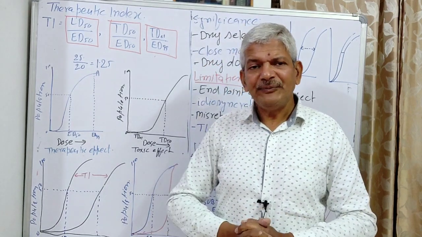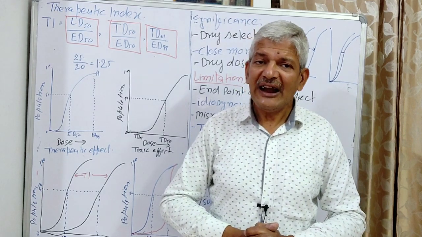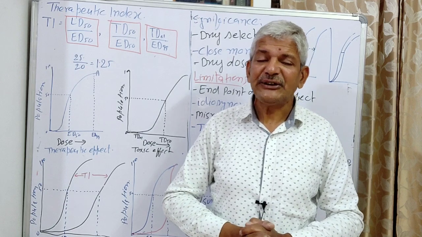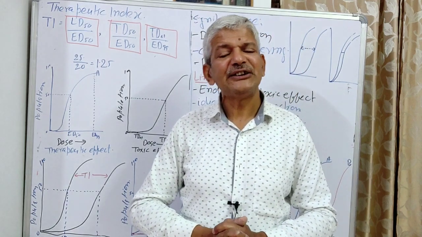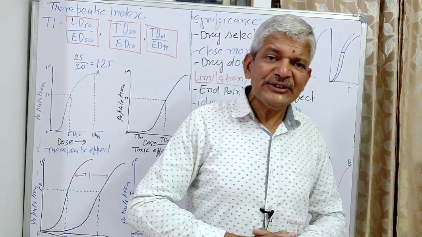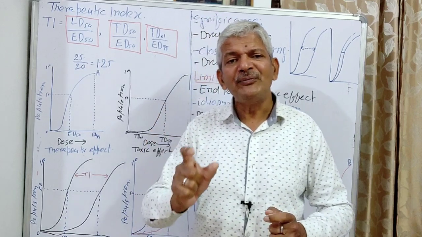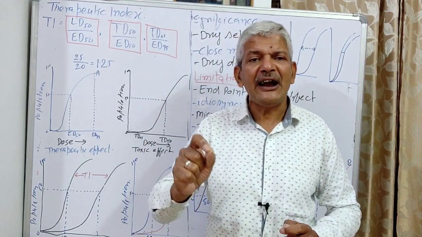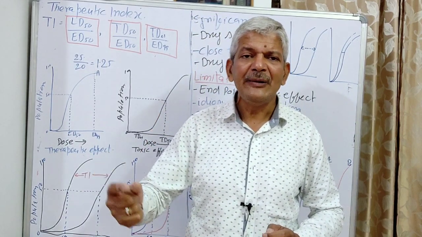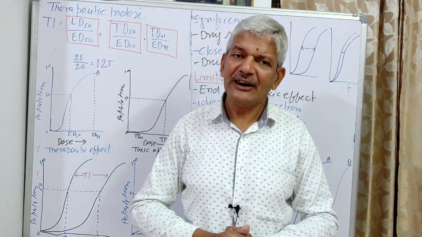There is another parameter that can be used as a safety margin of the drug, and that is called the therapeutic window, or we can say it is also called the safety window. To understand the therapeutic window, it means the range of the dosage that produces the therapeutic effect and not the toxic effect. That range is called the therapeutic window, or that range is called safety window.